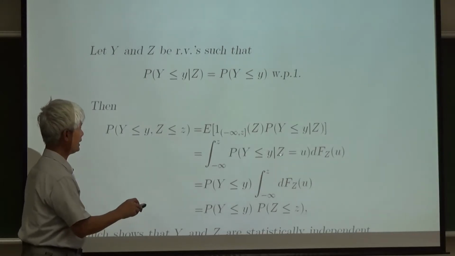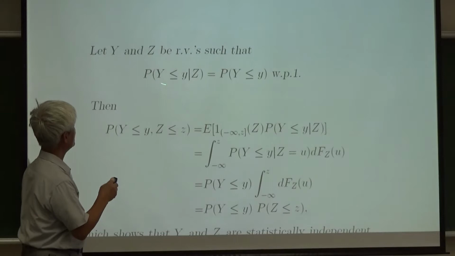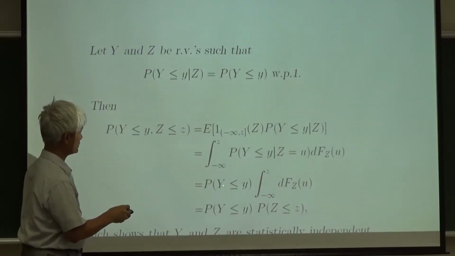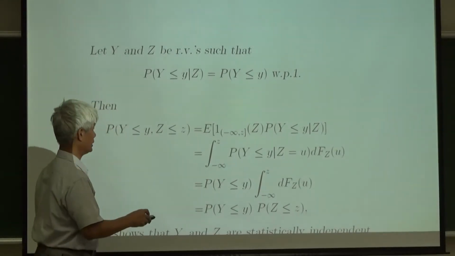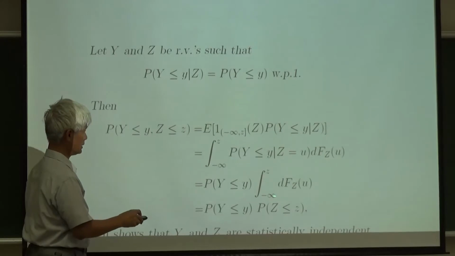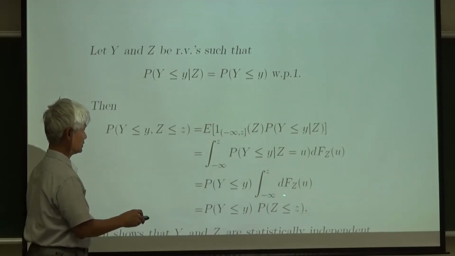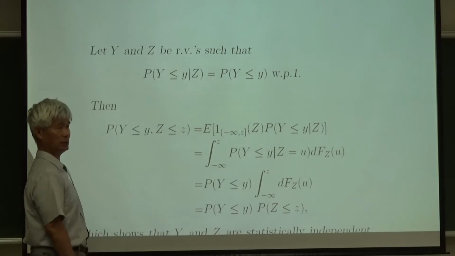Okay. And again, because y and z, by our assumption here, we assume that this is constant, and so we can move it up here. It's a constant, right? But this is the integration of the CDF. So this is just equal to the probability that z is less than or equal to z.